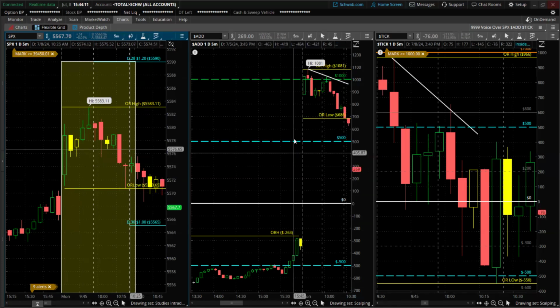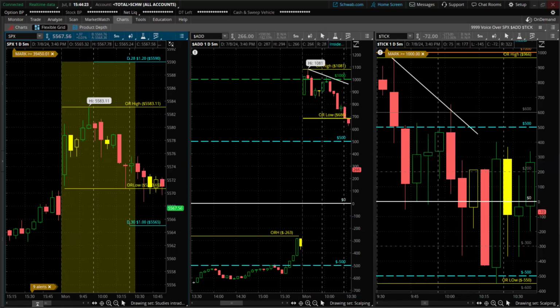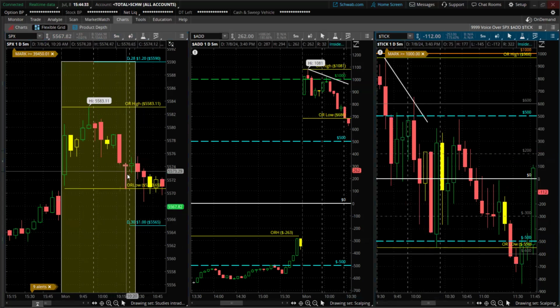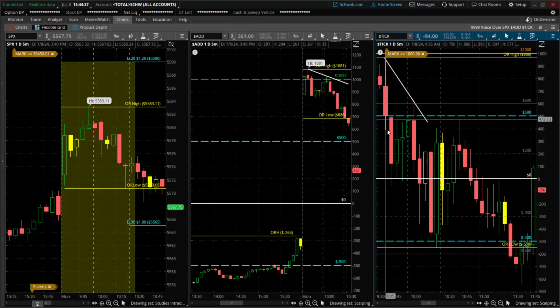10:25, 10:25. And you can see we actually were making new lows here on the ADD. So again, ADD, bearish bias. Why would I want to go long here? And then zoom out here. We would continue making lower highs on the tick, all bearish bias. Even though this candle looks bullish, other indicators were showing me bearish.